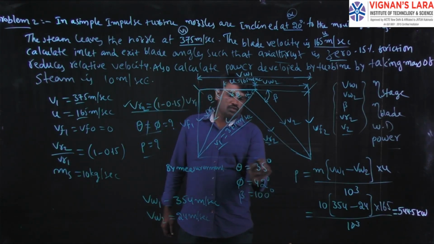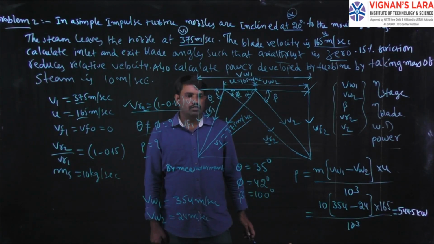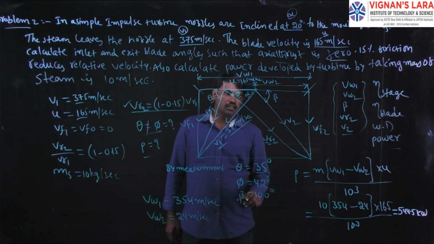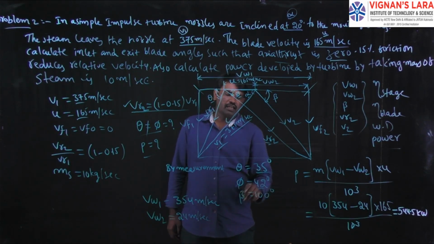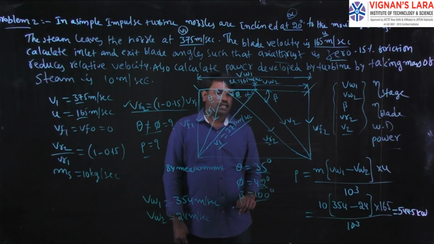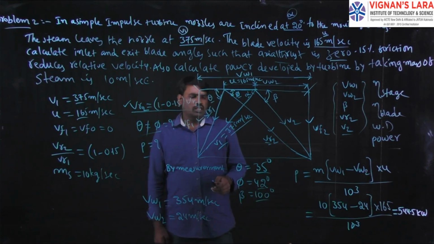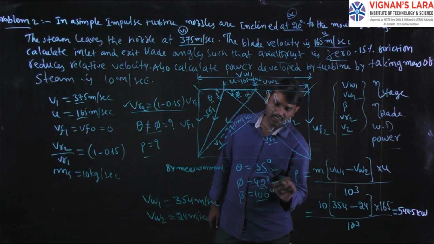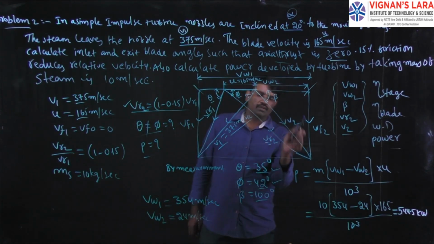These two must be on an equal base. From the measurement, theta is equal to 35 degrees, phi is 42 degrees, and beta is 100 degrees. In the present problem you have to calculate the inlet and exit blade angles theta and phi, which you can easily measure from the diagram.